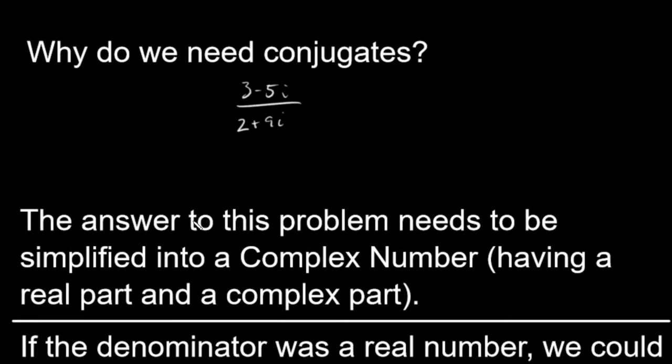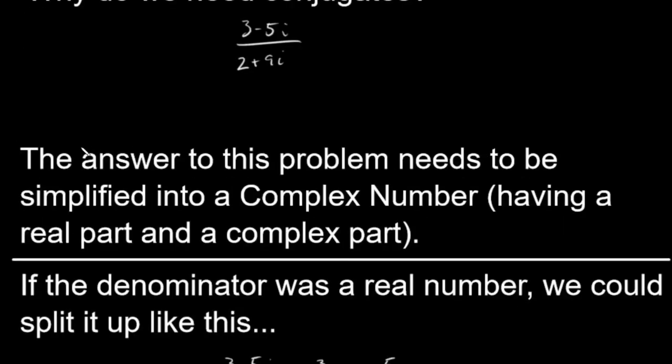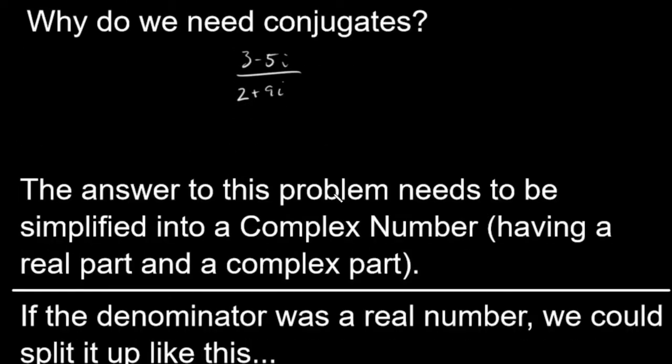So you should not write this down. You should not write any of this down. All right. This is just me explaining to you why we need conjugates. So if you look, the answer to this problem needs to be simplified into a complex number.